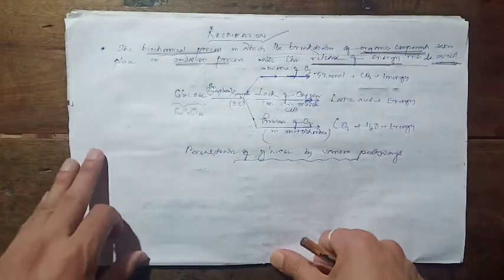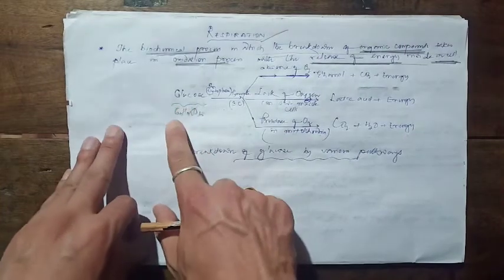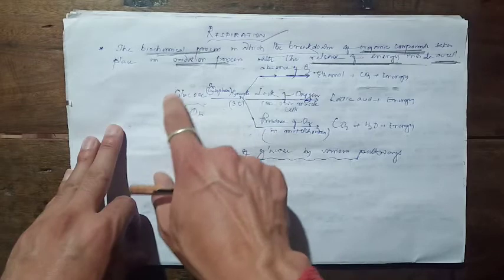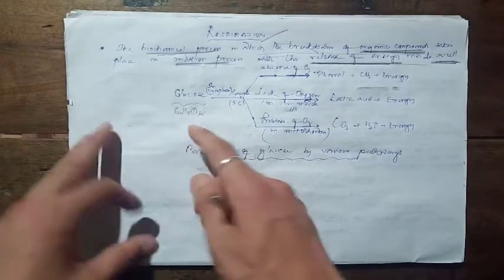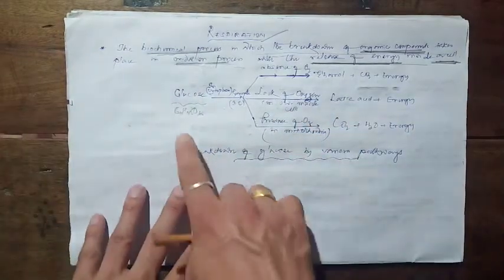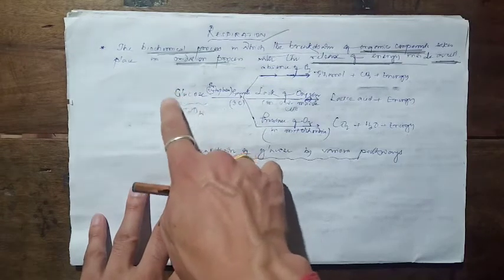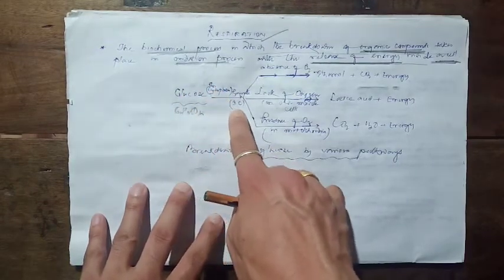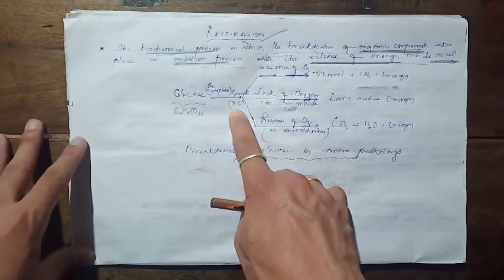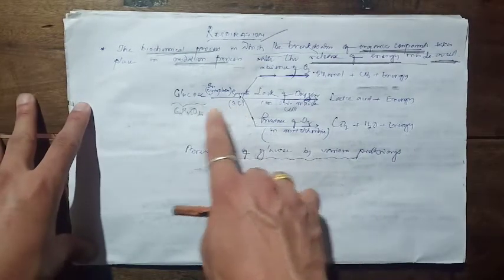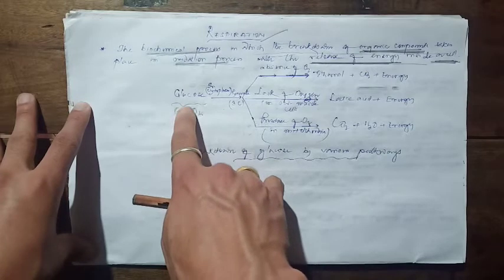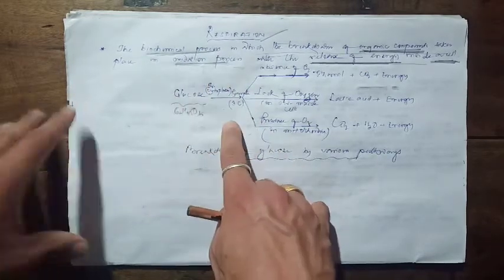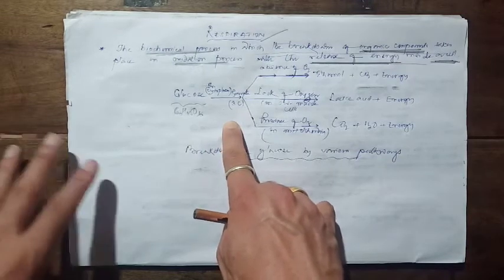This is present inside our cell, ready to produce energy. This glucose, a 6 carbon molecule, is broken down in the cytoplasm to pyruvate, a 3 carbon molecule. This breakdown of glucose into pyruvate takes place in every type of cell.